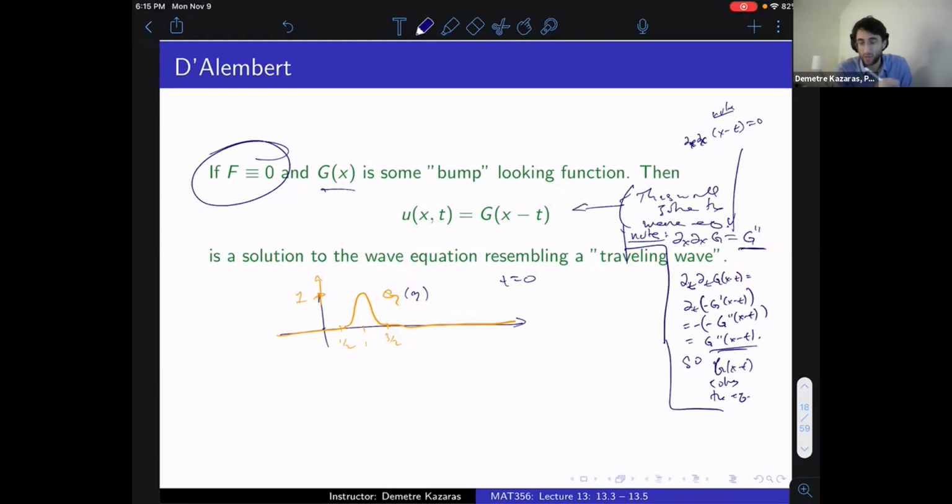It's been on the board for a while now, you may have read it, but this is going to look like just a traveling wave. Let's see what happens. So I drew the picture at time t equals 0. It's just a graph of g of eta. And when I plug in, say, at some later time, 1, then I'll need to be graphing g of x minus 1 if I want to see what the wave looks like at time 1.